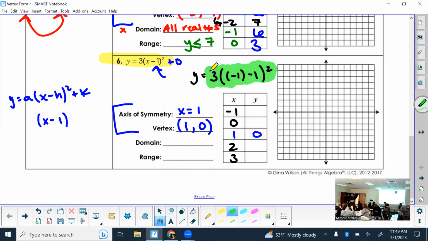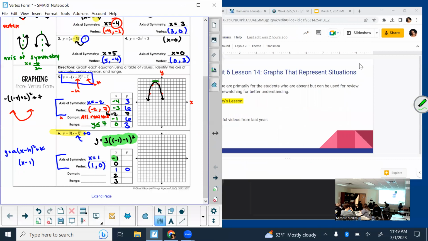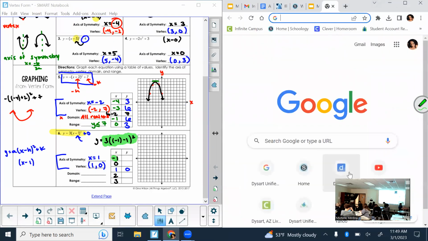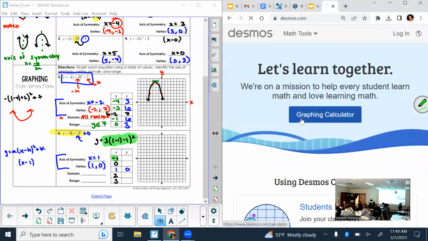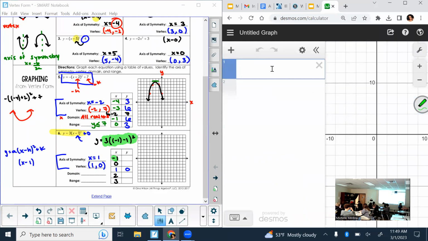So everyone see how we just plugged in the first X? All right, so do that. Sorry, I don't know these off the top of my head. 3 in parentheses. Anytime you plug stuff in, use parentheses. So my first Y value should be 12.